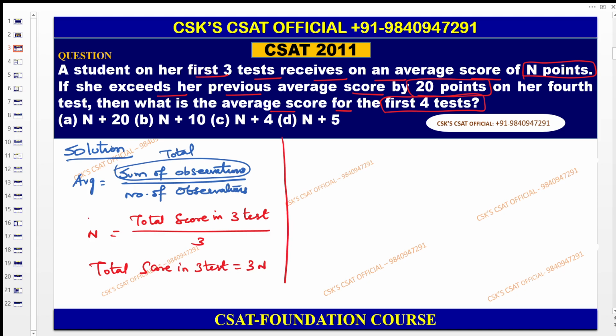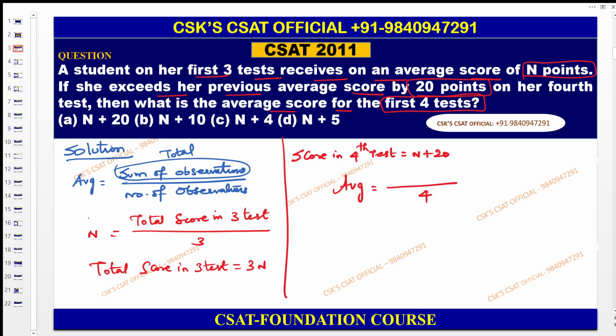Now read it carefully. If she exceeded her previous average by 20 points on the fourth, then the score in the fourth test is equal to n plus 20. Since 20 points only she is exceeding, now easily you can find out the average for 4.